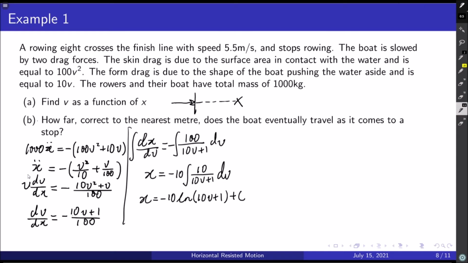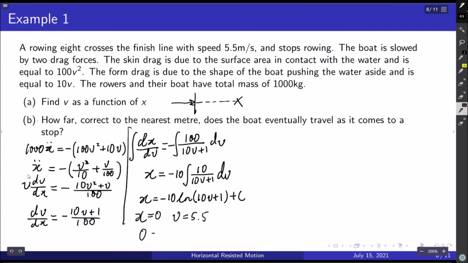Okay, so to find what c is, we know that when x equals 0, so at the finish line, v equals 5.5.